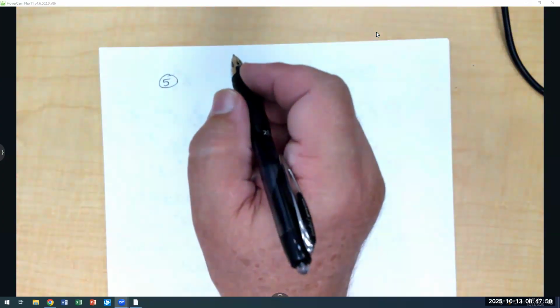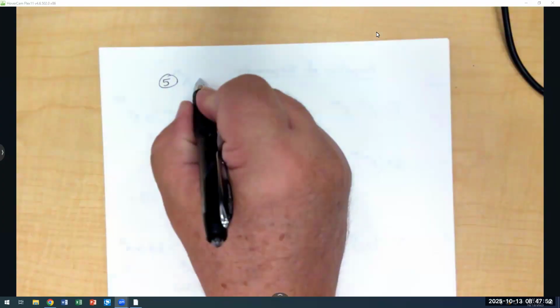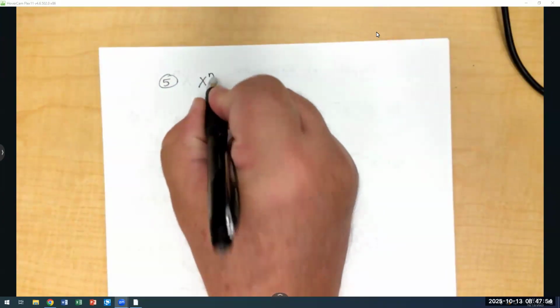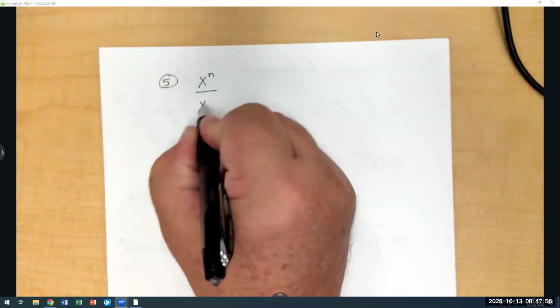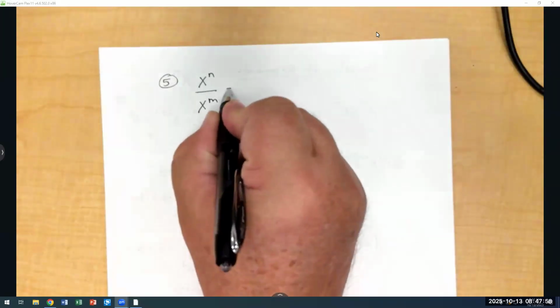Let's see here. What if I have a question like this, an equation like this?